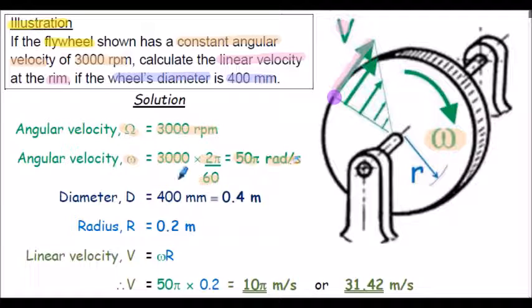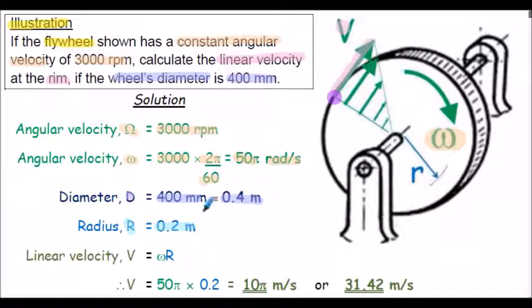The diameter, d, from the question is 400 millimeters. Converted that to meters, so 0.4 meters. So therefore the flywheel's radius to the rim is 0.2 meters. Just notice I'm using uppercase R for radius in my calculation, but lowercase r was stated on the diagram.